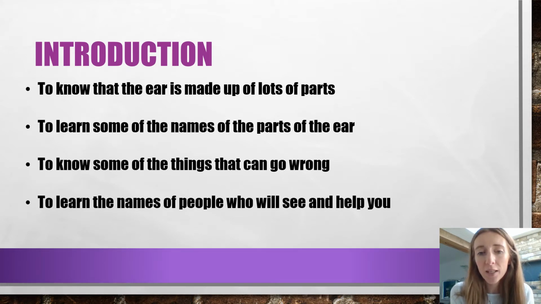So we're going to have a look at that. We're hopefully going to learn some of the names of these different parts. We're going to have a little think about what goes wrong with our ears, why we can have a hearing impairment, and also to learn the names of some of the people who you might see and some of the people who will help you.